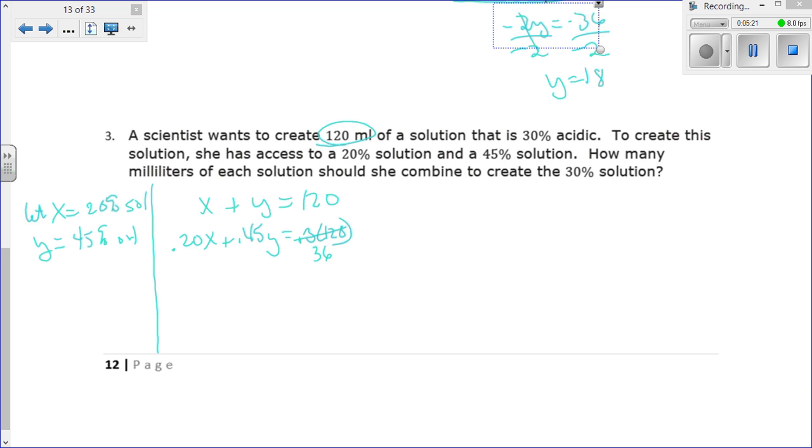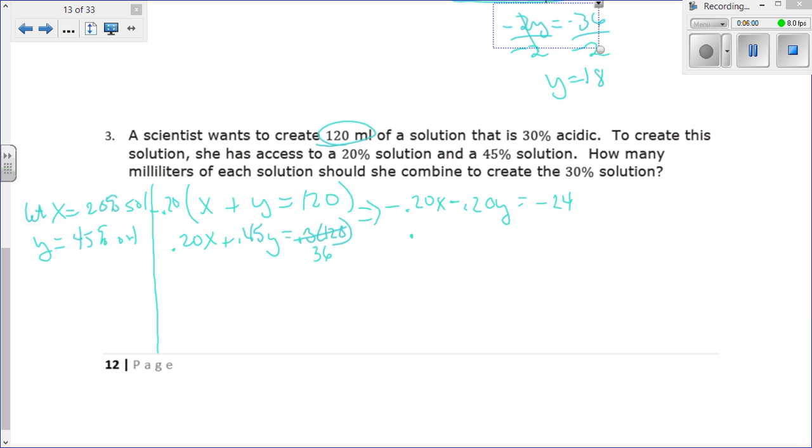Now, I need to get something to go away. Nothing cancels out. So, I'm just going to choose to eliminate x. I could choose to eliminate y. I've got negative 0.20x minus 0.20y equals negative 24.